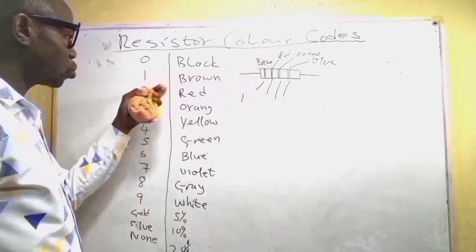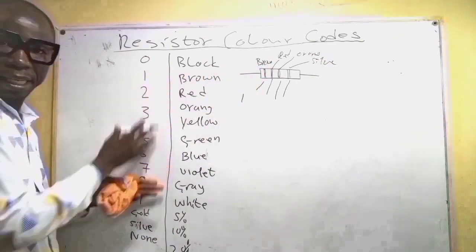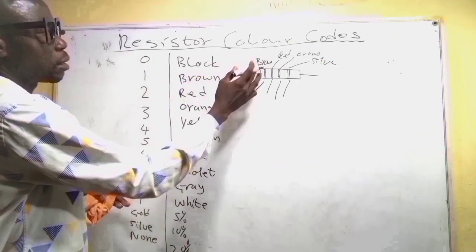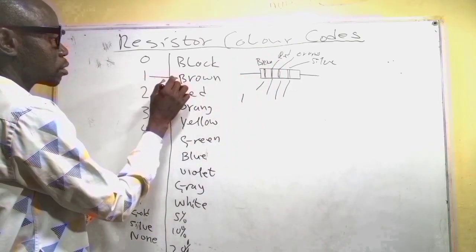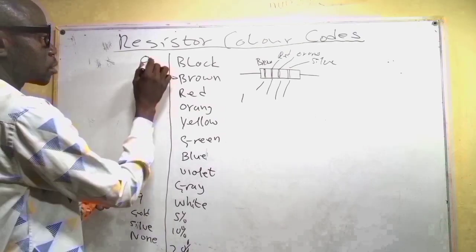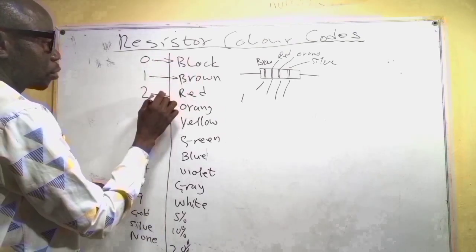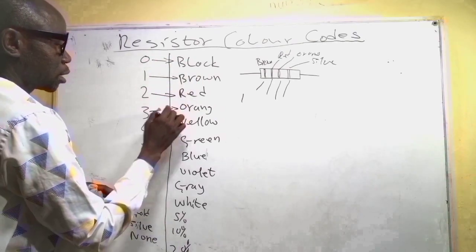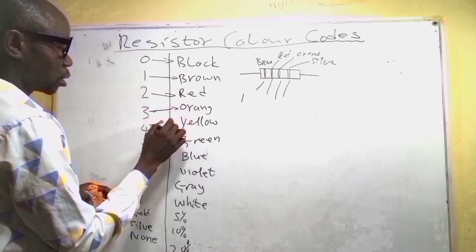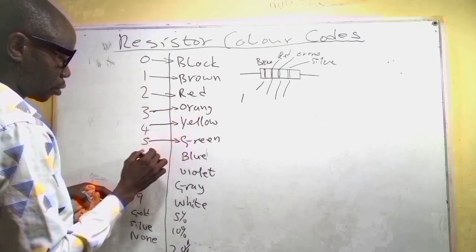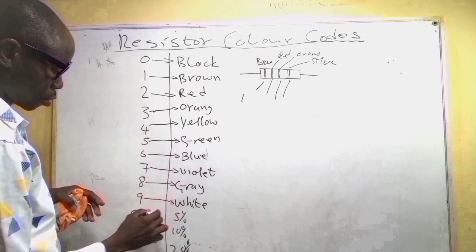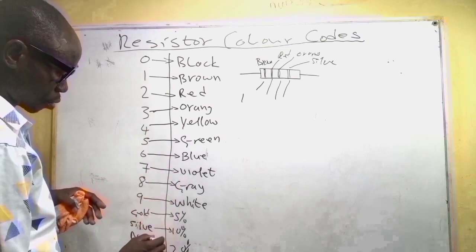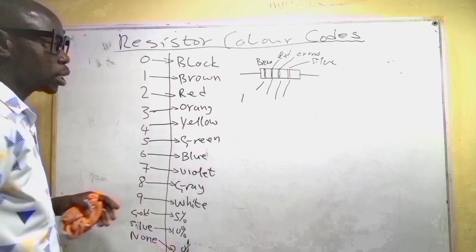You must come to the chart here and know what brown stands for. Brown stands for 1 here. As 0 stands for black, 1 for brown, 2 for red, 3 for orange, 4 for yellow, you see.